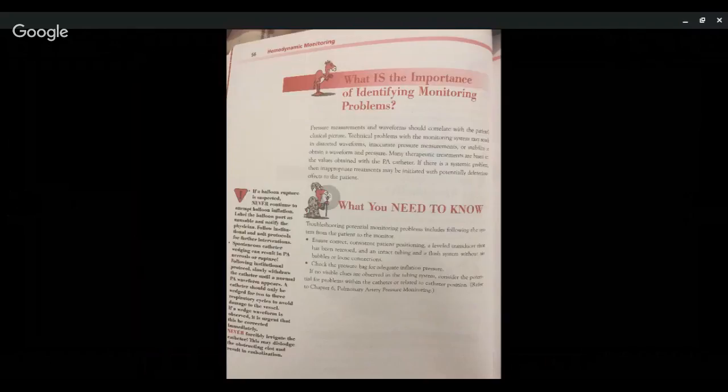So troubleshooting 101: following the system from the patient to the monitor, not from the monitor to the patient.